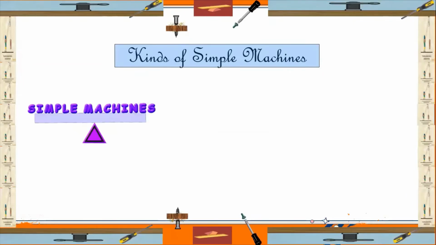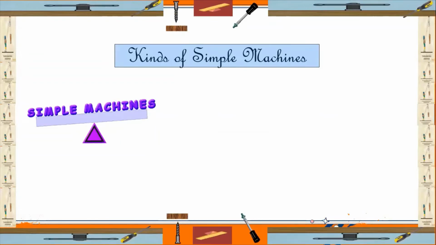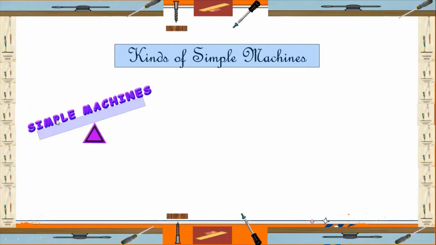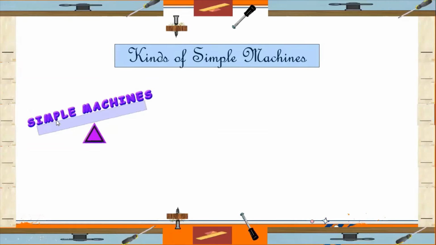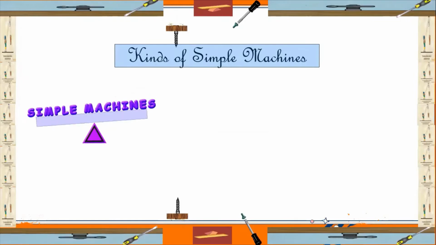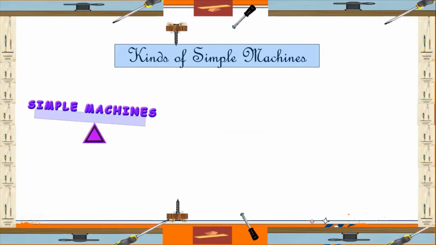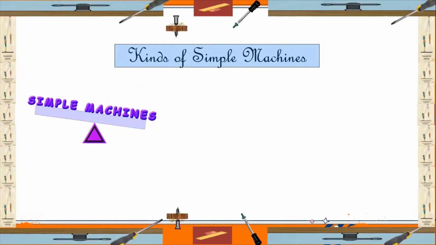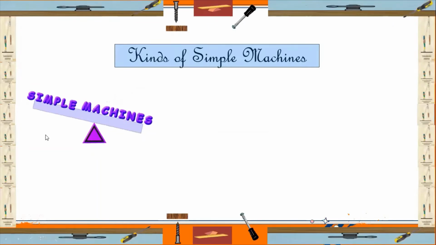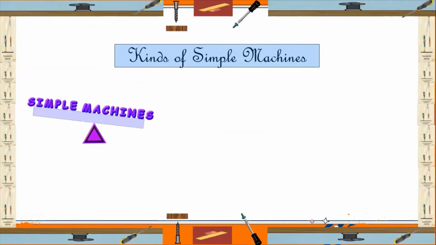So what are the kinds of simple machines? Lever. You can see a lever. It's a kind of simple machine. For example, if you are opening the lid of a can by using a spoon, that spoon is acting as a simple machine called a lever. If you try to open a tin can with your fingers, you will have to apply a lot of force.